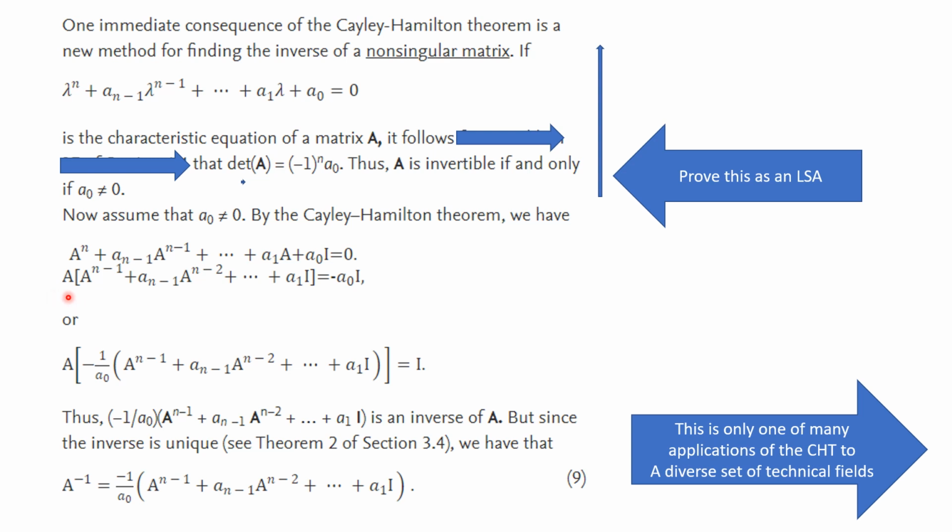And now what I have is A times whatever matrix this is, a multiple of the identity matrix, but I can divide by minus a0, so that means that A inverse is equal to minus 1 over a0 times A to the n minus 1 plus a(n minus 1) times A to the n minus 2, all the way down to a1 times I, and that is the identity. So this is an inverse of A. But we know the inverse is unique, and so that means that that definitely is the inverse. That's, of course, the only inverse.